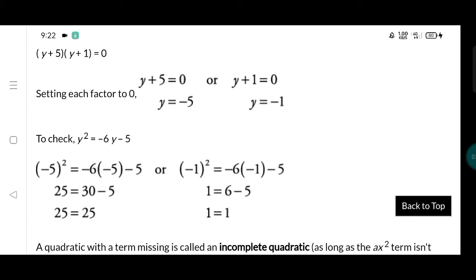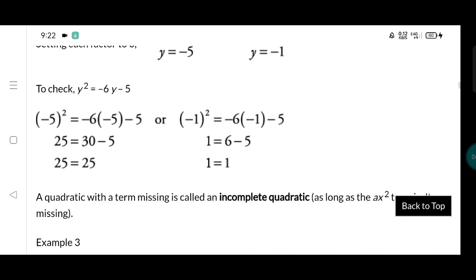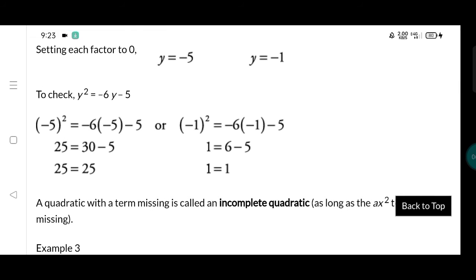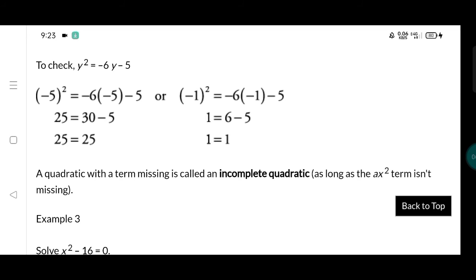Then the other one: -1 squared is equal to -6 times -1 minus 5. So -1 squared is 1, equal to -6 times -1, which is 6, minus 5, so 1 is equal to 1. Therefore, they are both solutions to the equation.